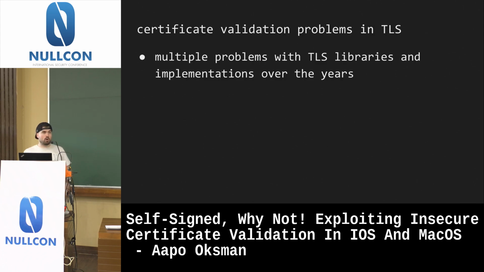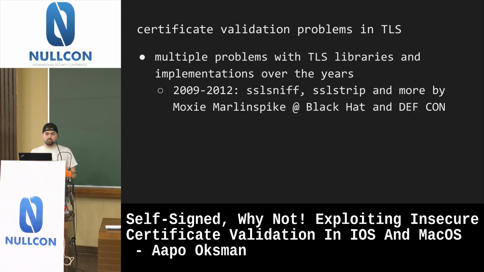There have been multiple problems in certificate validation over the years. During the past 15 years, quite a lot of problems. For example, during 2009-2012, Moxie Marlinspike released some tools at Black Hat and DEF CON that were used to intercept TLS connections and exploit vulnerabilities in the actual TLS libraries that were used at the time.